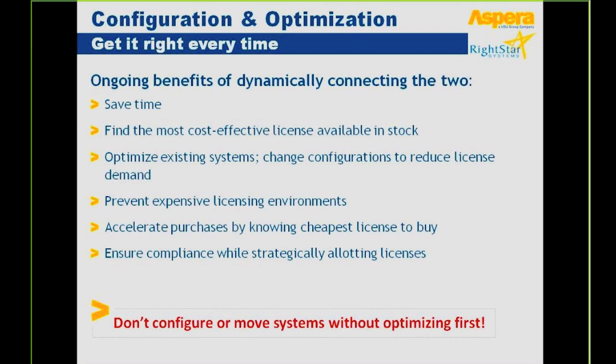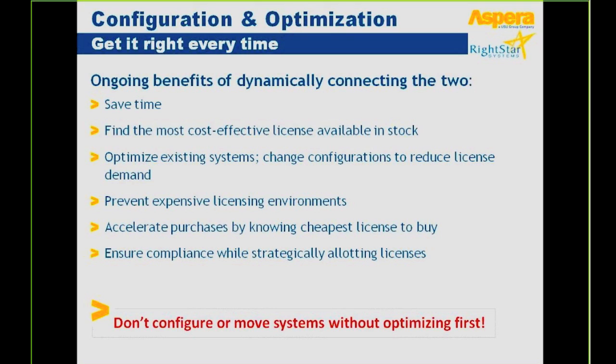I've heard multiple stories where large organizations were proud about having restructured the data centers, and then they claimed, oh yeah, we saved 10 million, we saved 20 million by restructuring our data center. But no one ever considered the implications on the software side, so how this would affect the license demand.